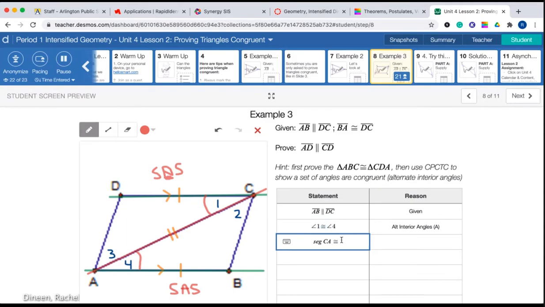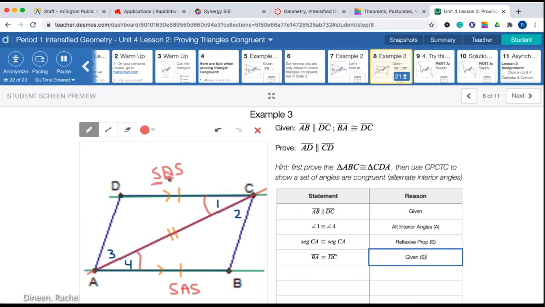It's congruent to segment CA. Yep, because of the reflexive property. And that's a side. All right, so there I have my side. Now I need to show one more side is congruent. And I can just use my given. And that is my other side.